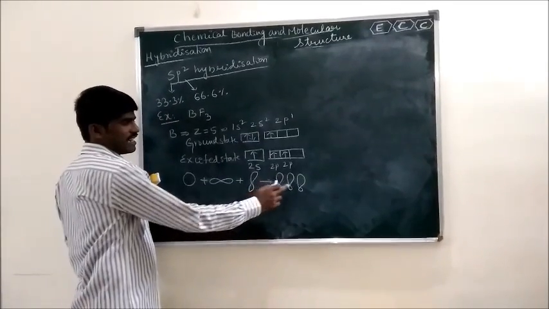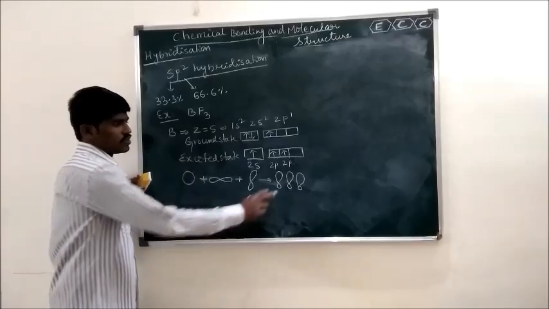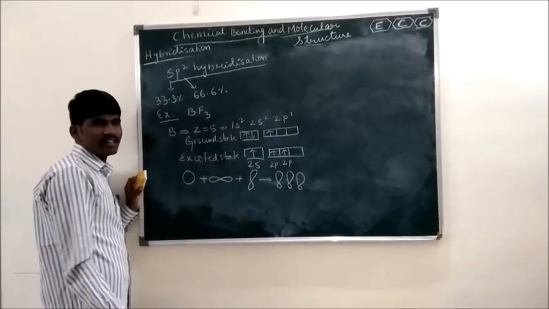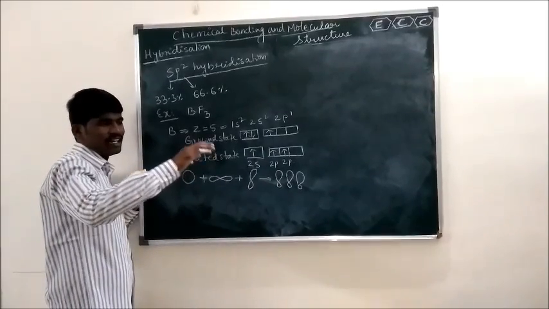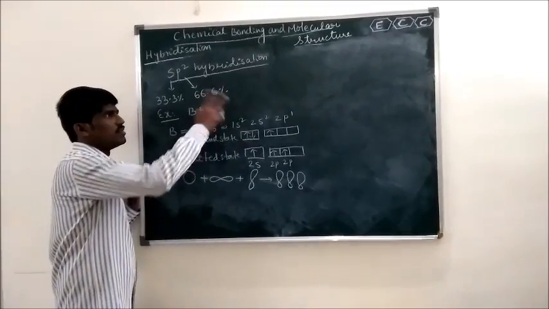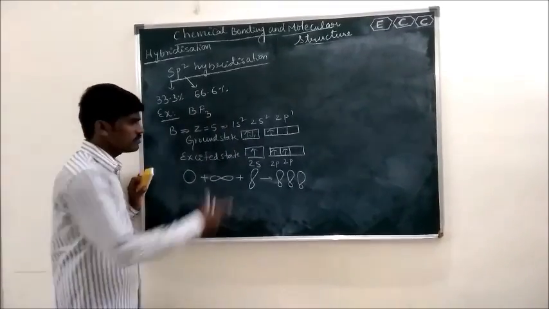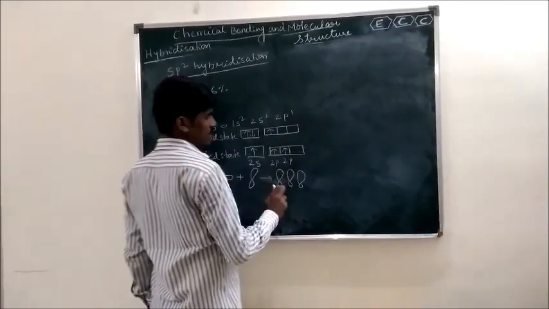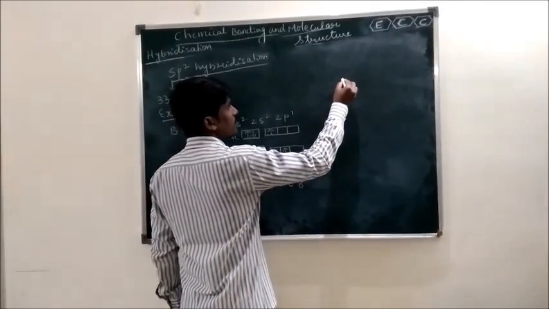These 3 hybrid orbitals should be arranged in space in such a way that electron pair repulsion is minimized. It gives stability to the molecule. Now let's see how these 3 hybrid orbitals can be arranged.